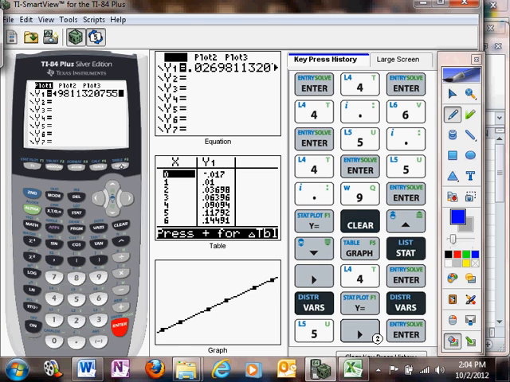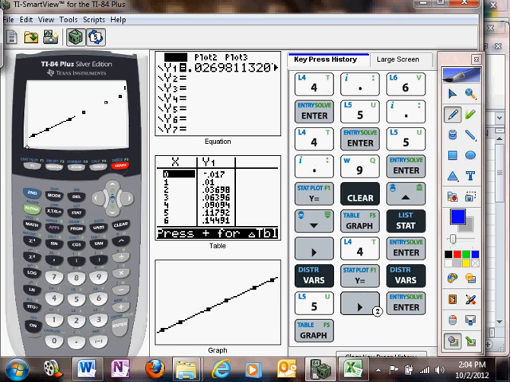Now if I hit graph, notice my line of best fit goes right through the points. And now I can answer some questions about this function or this graph.